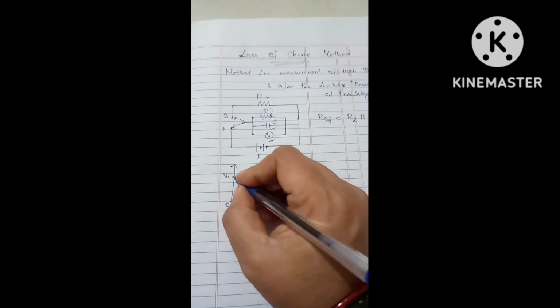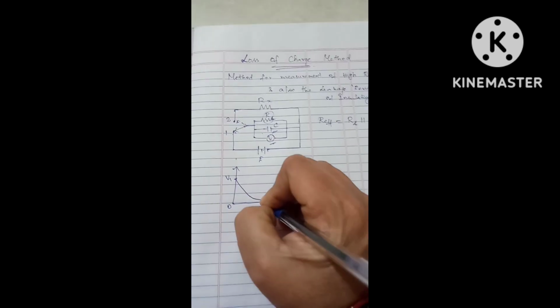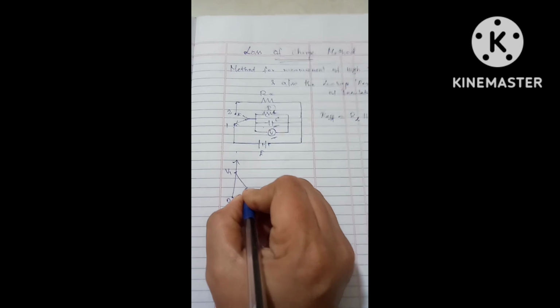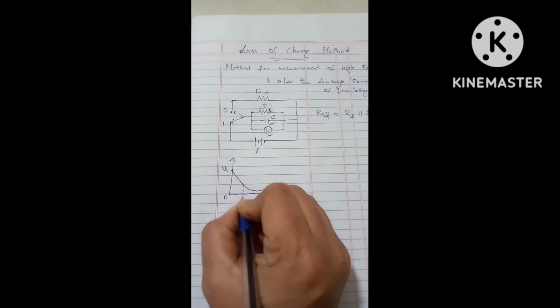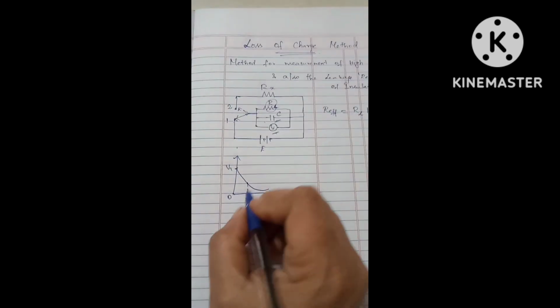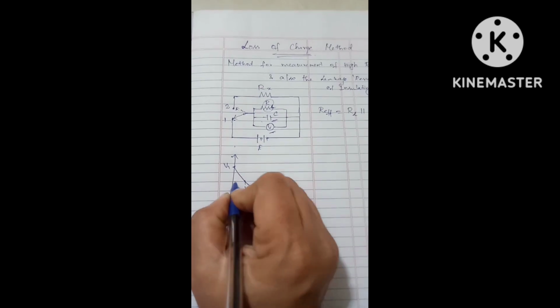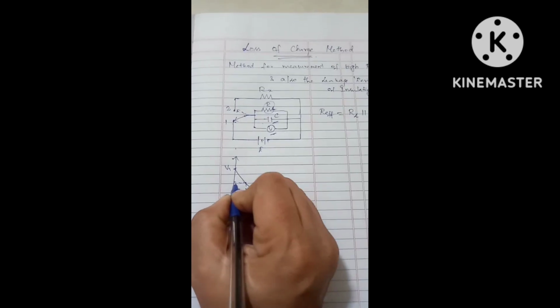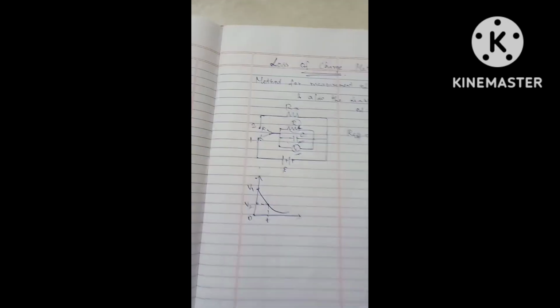After a certain time duration, take for example time period T, after this time period T, the voltage gets reduced to V2.